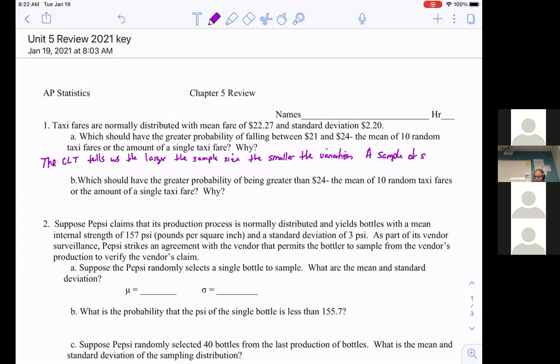A sample of size 10 is more likely to be near the middle than a sample of 1. And again, the smaller my sample size, the more my really strange outlier is going to play into that. So if I have a really long taxi ride or a really short taxi ride, that's going to cause the mean of my sample to be off.